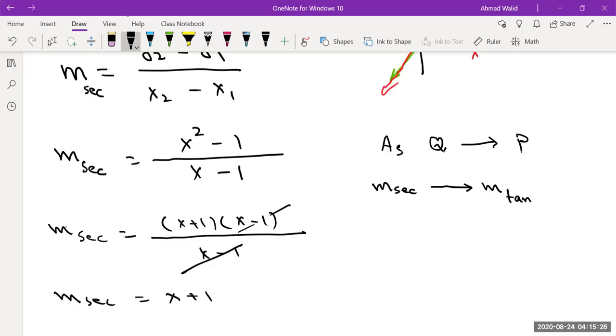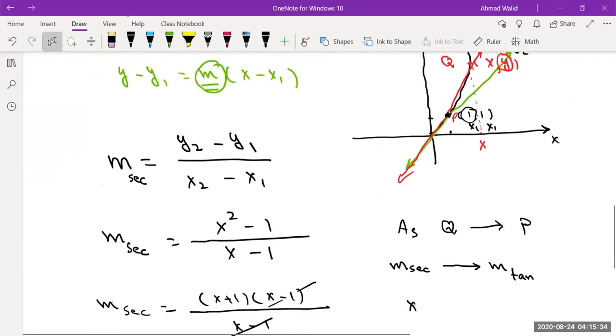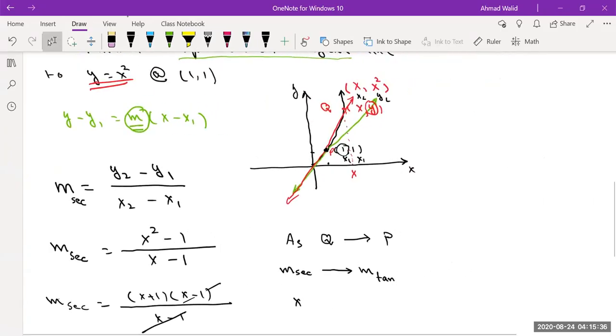Now, as Q is approaching P, it means your x, here, look, let me make the page smaller. As Q is going closer to P, it means your x is approaching what? Closer to 1. As Q approaches P, x is approaching 1.